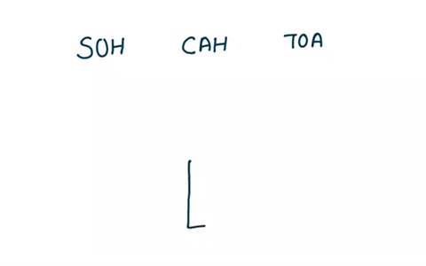Suppose I draw my right triangle like this, and label it A, B, C. Then whenever I'm finding my trigonometric ratio for any of these angles, I use SOHCAHTOA.